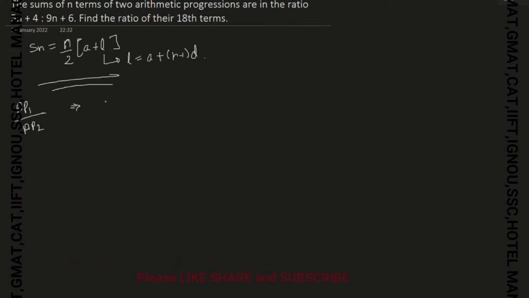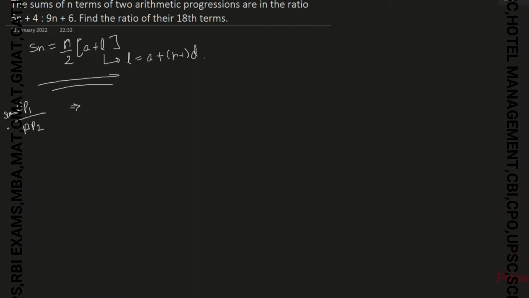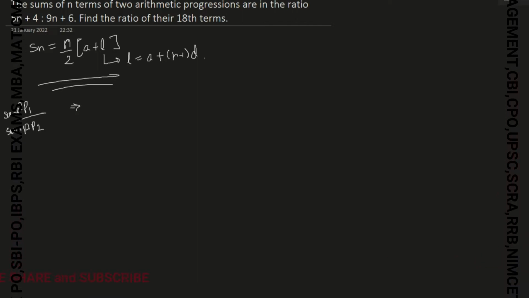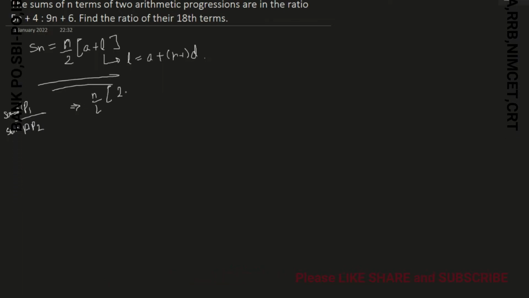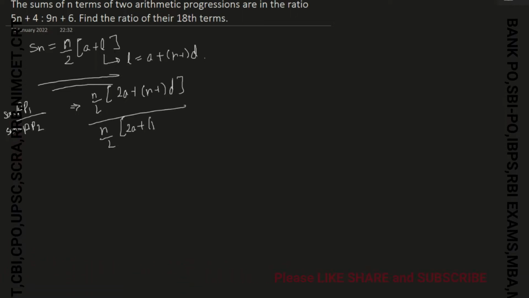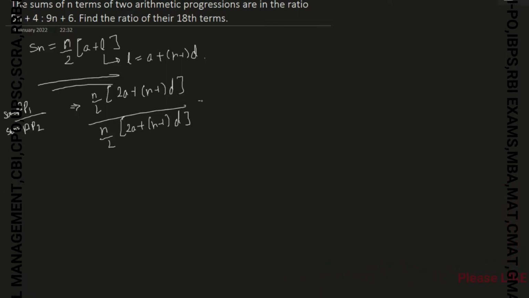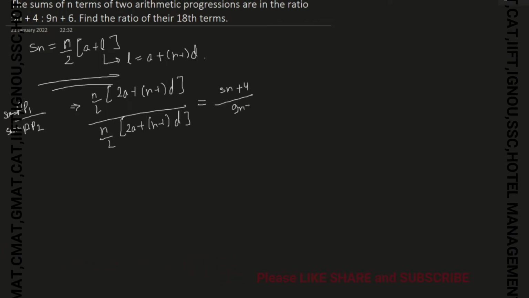Let's write the same. The sum of AP is n by 2 bracket 2a plus n minus 1 into d, whole upon n by 2 bracket 2a plus n minus 1 into d, is equal to 5n plus 4 whole upon 9n plus 6.